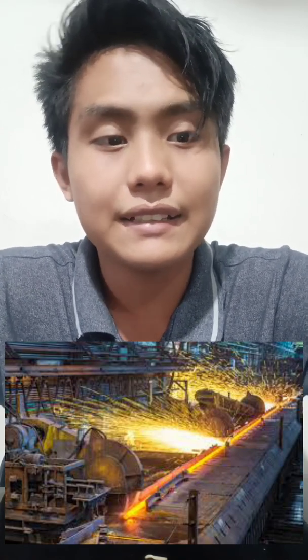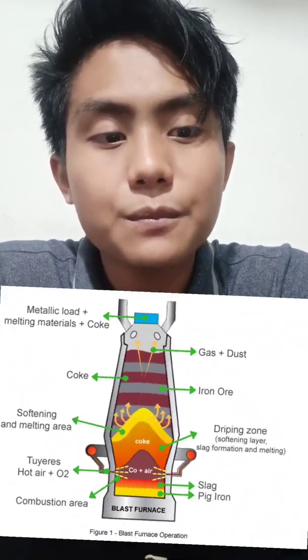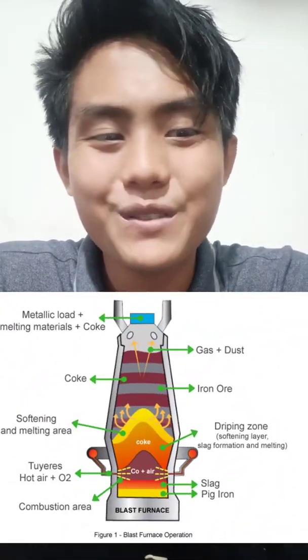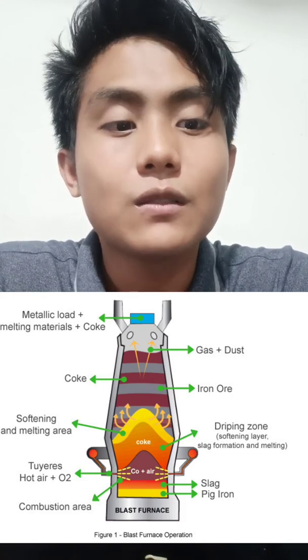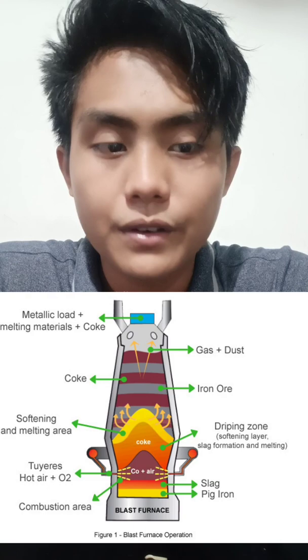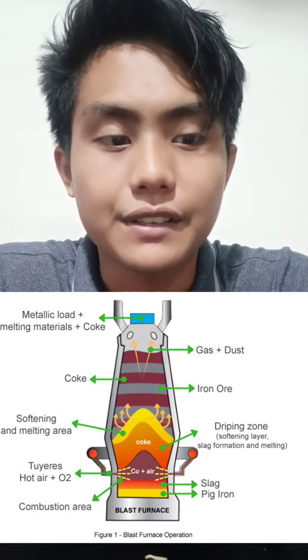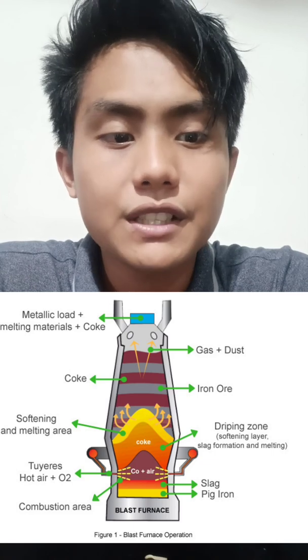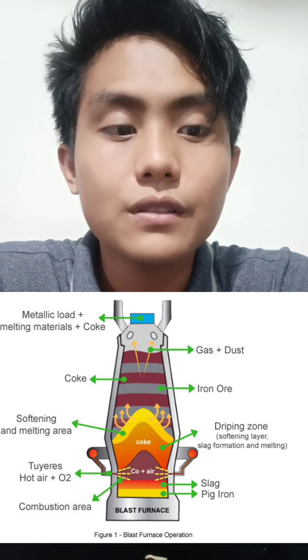Today's steel is generally produced in one of two ways. First, the blast furnace. The blast furnace process, also known as the basic oxygen process or BOP, combines raw iron ore with a small amount of steel scrap metals in a furnace. Then pure oxygen is blown into the furnace, raising its temperature.